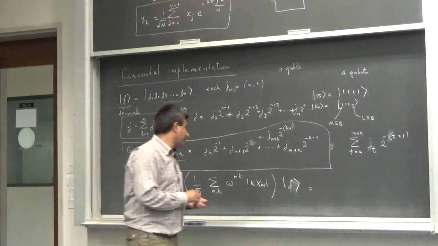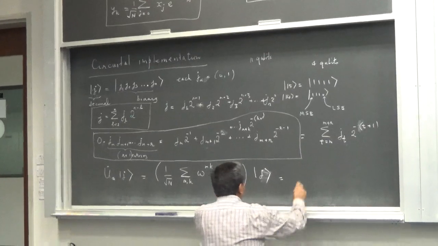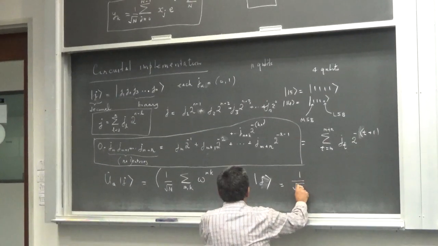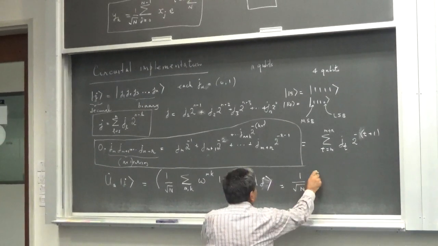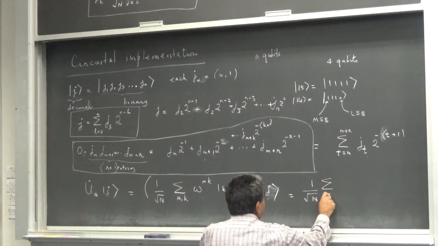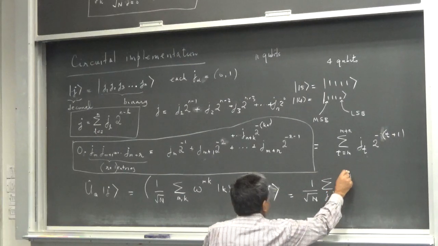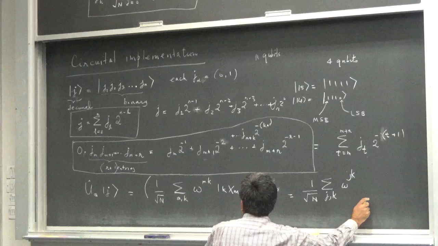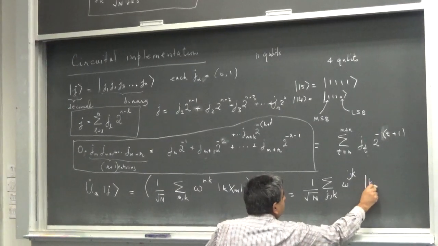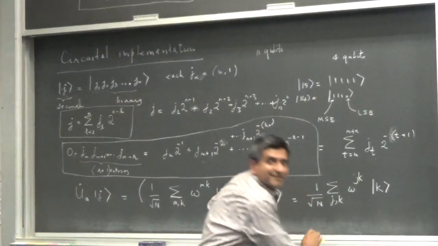So I'm left with 1 over root N, correct?